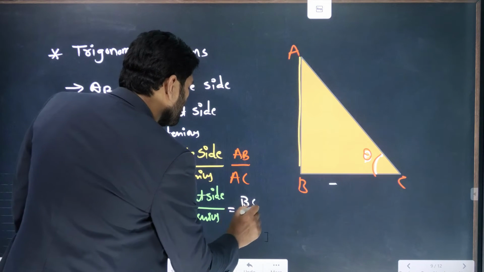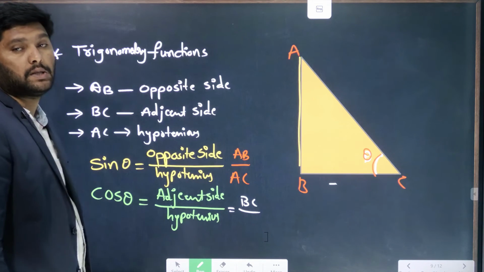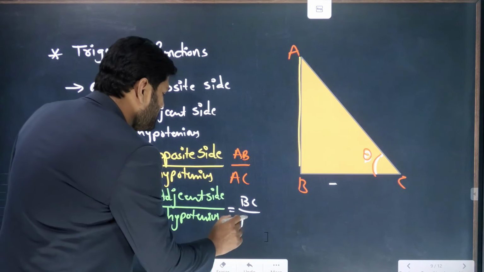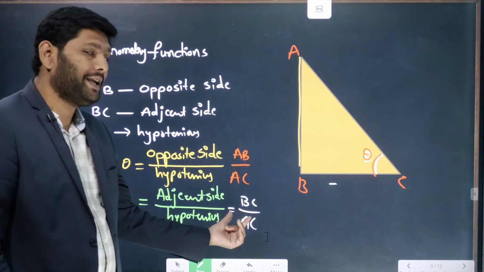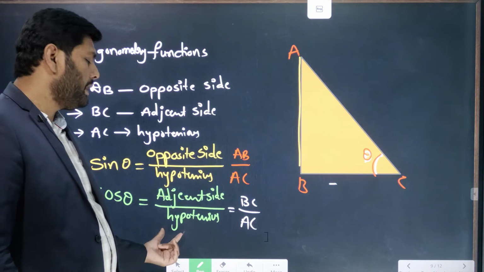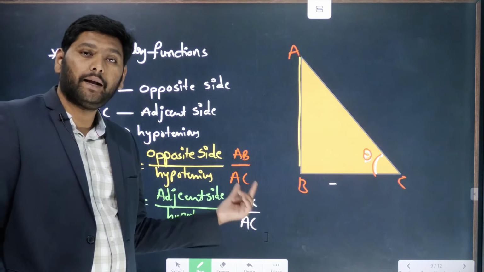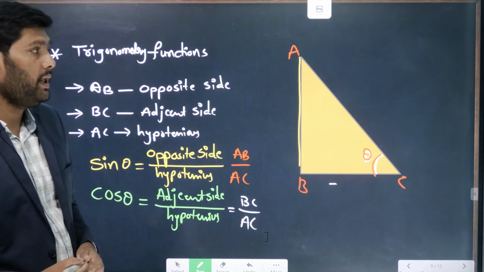So BC by hypotenuse, that is AC. So the cos theta function we take as adjacent side by hypotenuse. Adjacent side is BC, hypotenuse is AC.